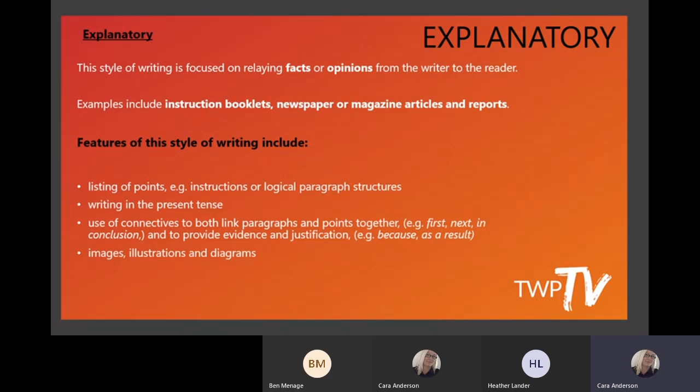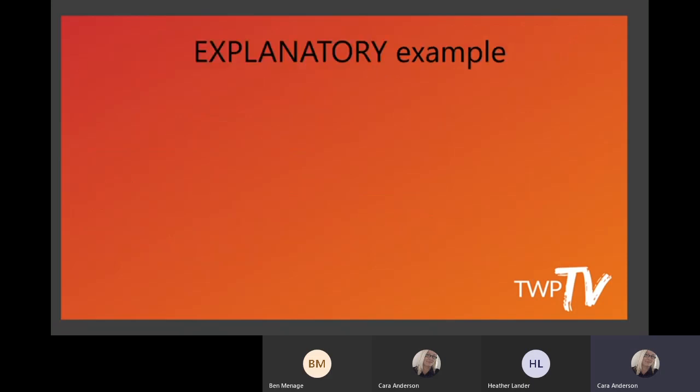They could also use things like images, illustrations, and diagrams. Obviously, when you look through newspapers and magazines, they always use pictures and titles to try and capture your eye, so you can then read it, and then they explain what it is that they want to write about.